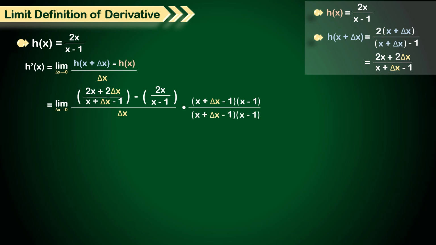Get the product. Multiply the LCD to the first term of the numerator. The factor of x + Δx - 1 is eliminated, and multiply the remaining factor, which is x - 1, to the numerator of the first term, which is 2x + 2Δx. Next, multiply the LCD to the second term of the numerator.